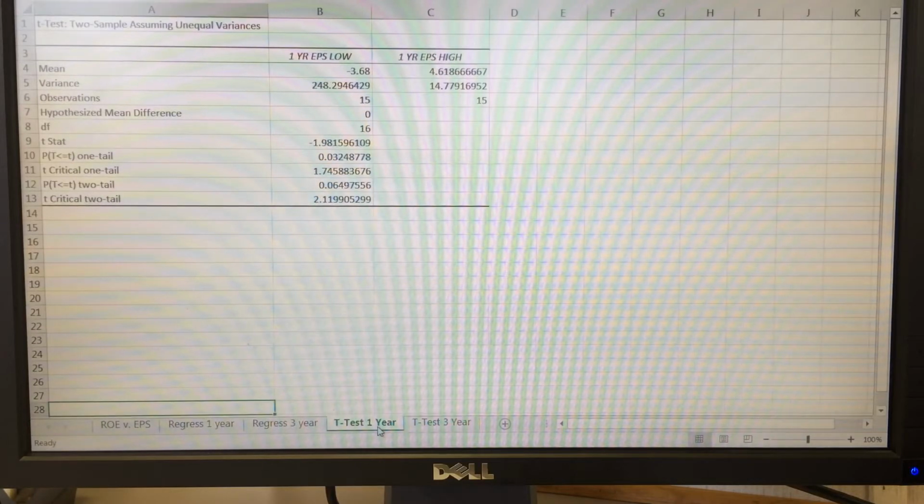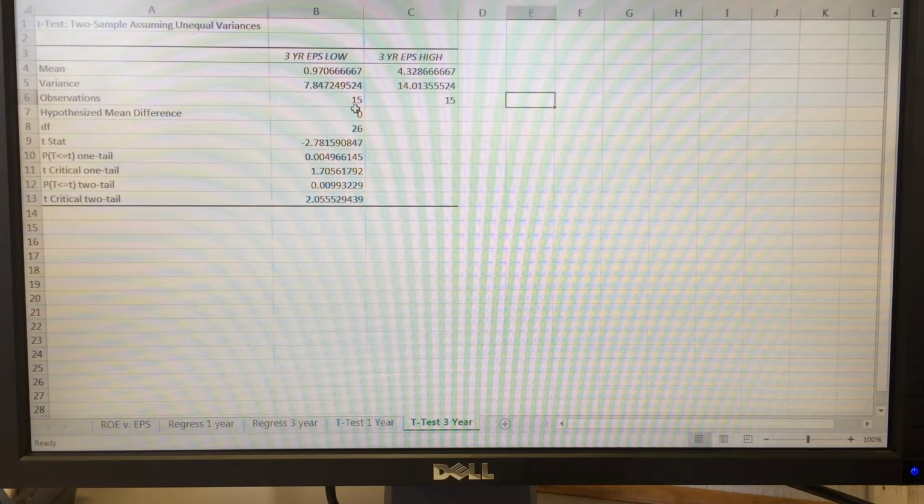If you come back over here, over the 3-year period, it looks like not as bad. They actually made money in the long run. T-stat, you got significance, minus 2.78. So there is a difference here. If you look at your one-tail P, right here, 0.0049. So there is significance here.